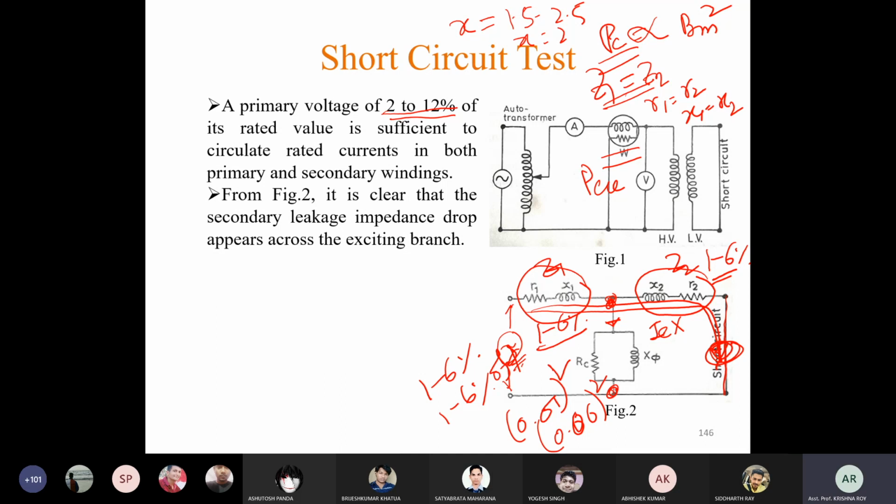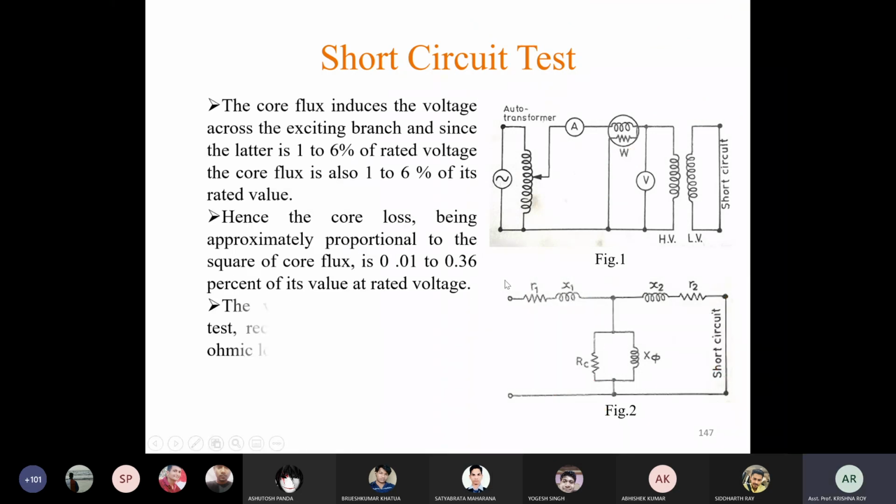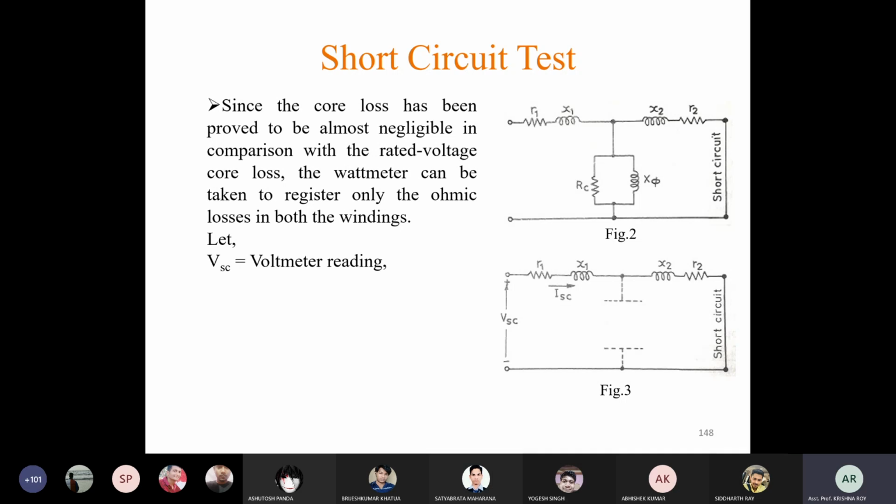Okay, so now we have three readings: ammeter reading, voltmeter reading, and wattmeter reading, and we have identified what those parameters are. So let us go to our calculation part. VSC, the voltmeter reading, is the required voltage to circulate rated current.